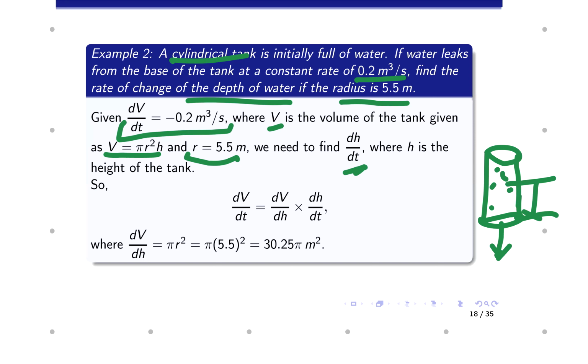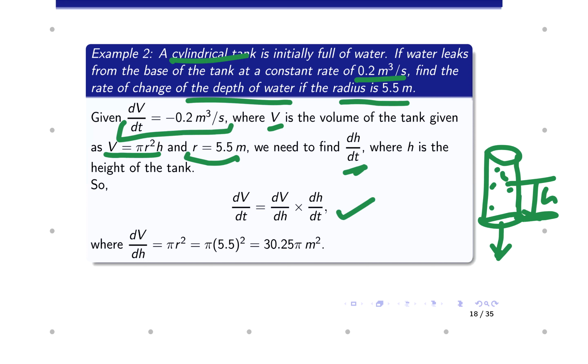So dV/dt, from the formula, we are concerned with volume and height, basically. Of course, there's also radius, right? So you have dV/dt equals dV/dh times dh/dt, because if you cancel this, you end up having your dV/dt.